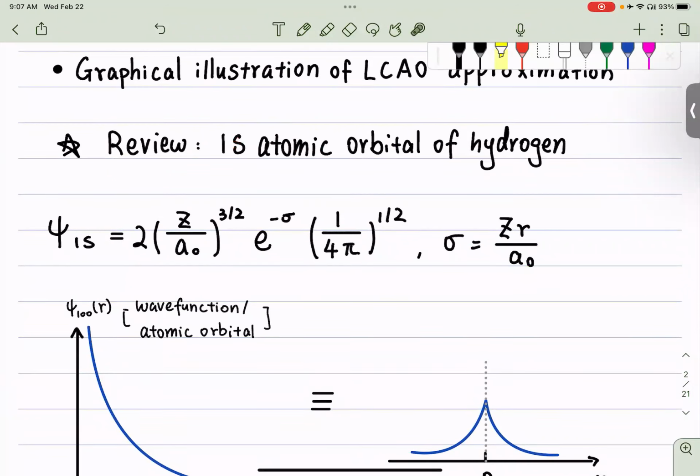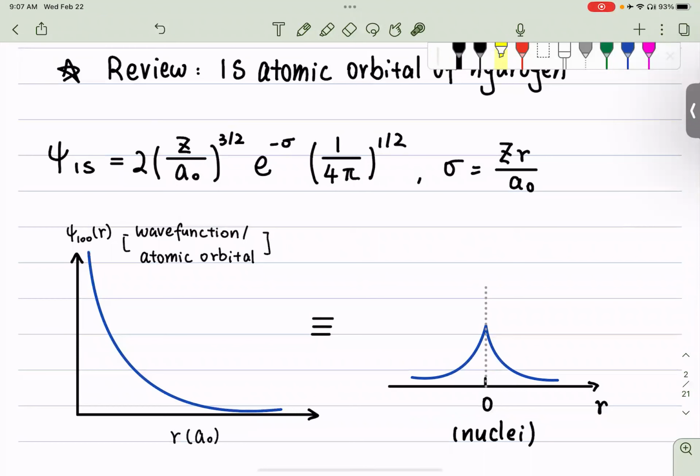We'll start from the simplest scenario, which is the 1s atomic orbital of hydrogen. So this is what the 1s atomic orbital of hydrogen looks like, and this is the graph that we plotted. It's pretty much just the exponential of that negative sigma term. On the left-hand side, we're plotting it against the atomic radius.